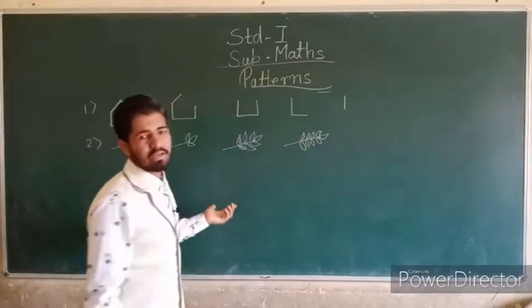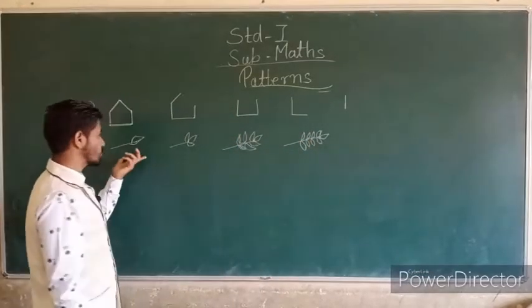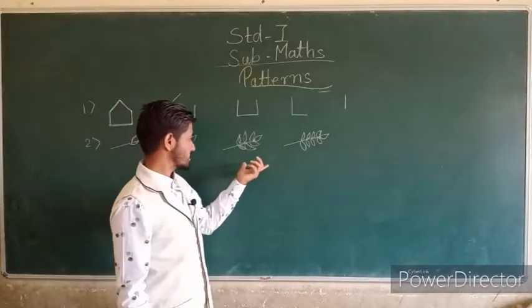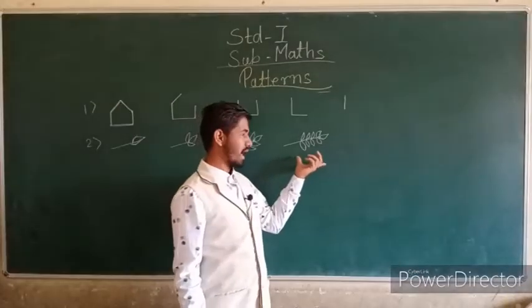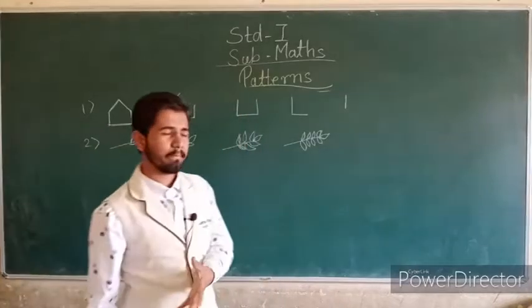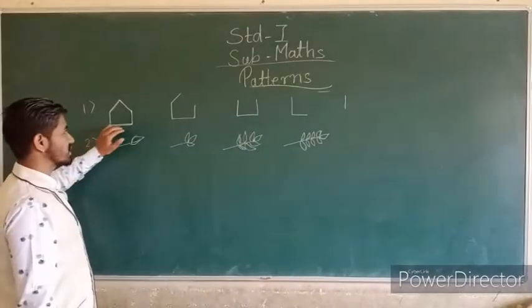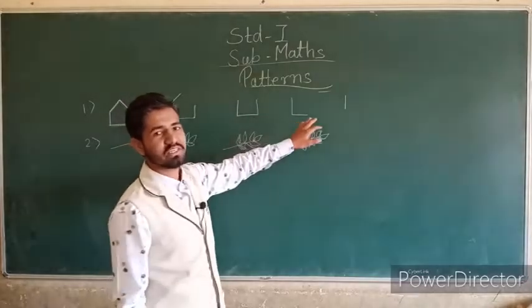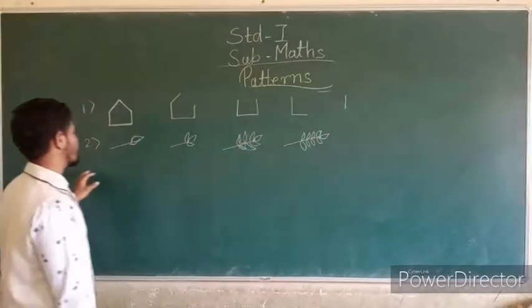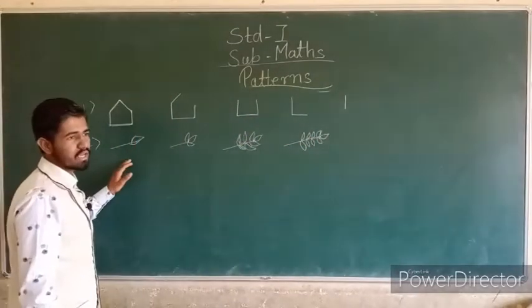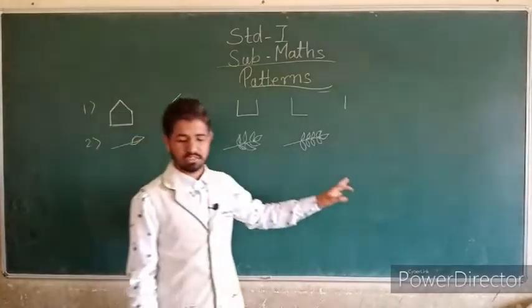So leaves are increased: first one, then 3, 6, 7, and here are 9. So here what happened? In the first example we see that there are decreases, meaning sticks are decreased. And here we see that there are leaves and the leaves increase.